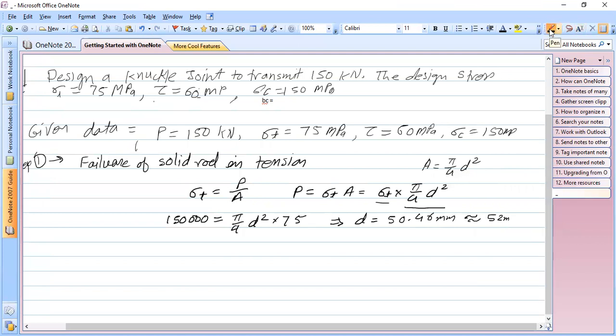We can take this value as 52 mm also. Okay, first we got this one. Now we will come to the relations. We already wrote some relations.